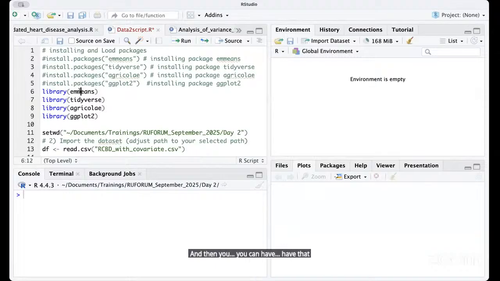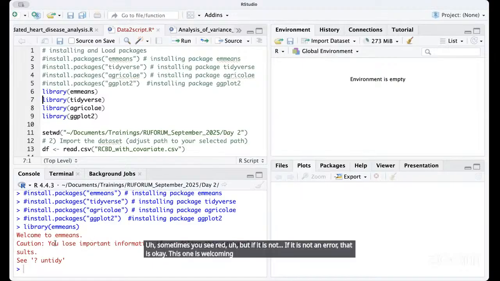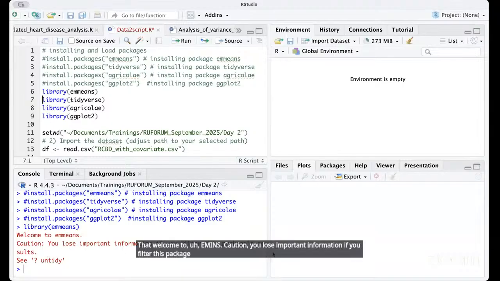So we can run line 6. If you run line 6, sometimes you see red, but if it is not an error, that is okay. This one is welcoming you. That welcome message means caution, you lose important information if you filter this package's results.